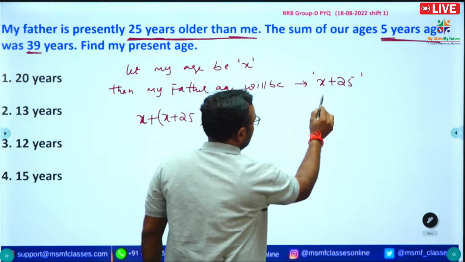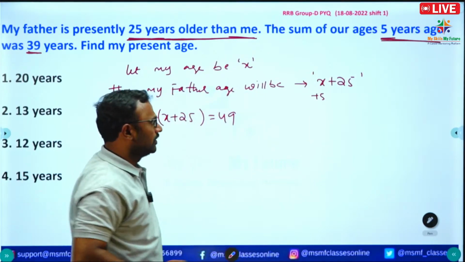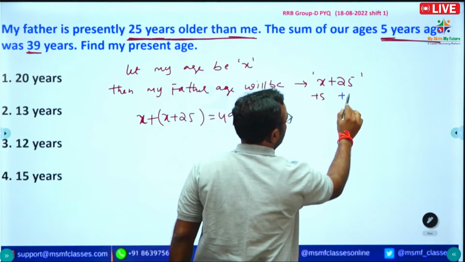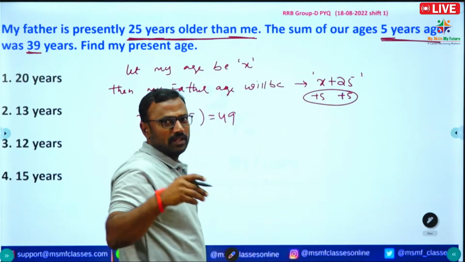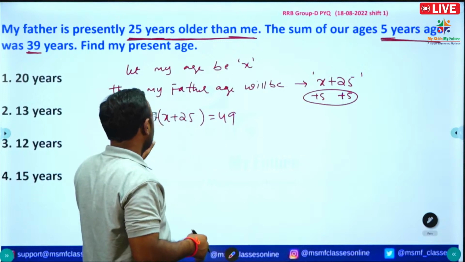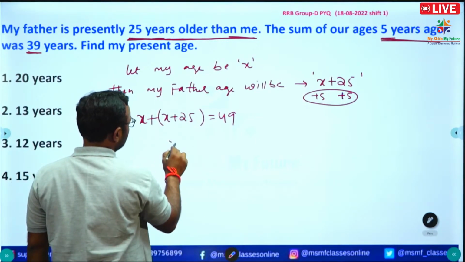See here, 5 is added to the son and 5 is also added to the father, so a total of 10 will increase from now. So x plus x plus 25 is equal to 49.